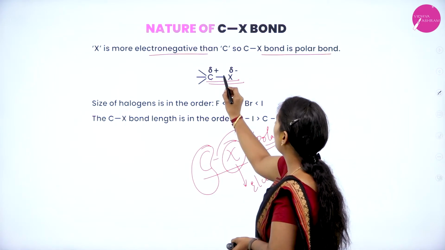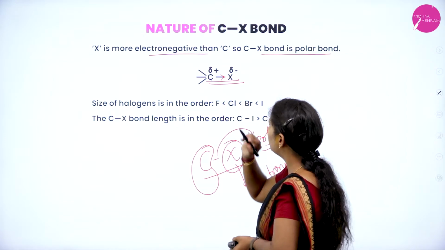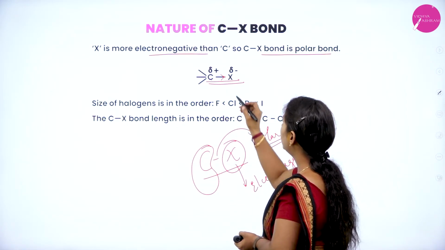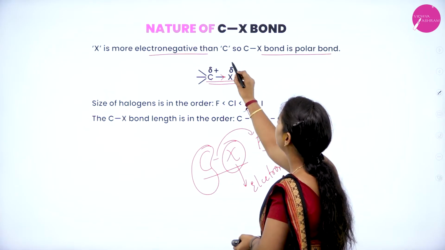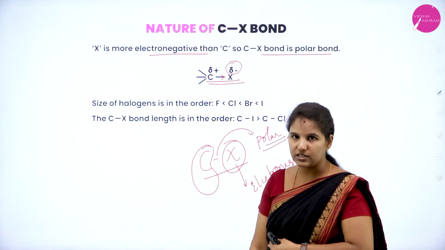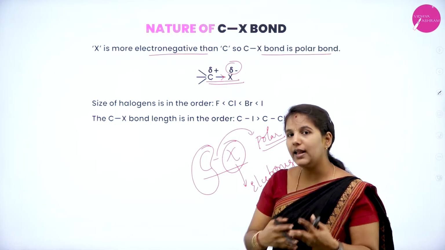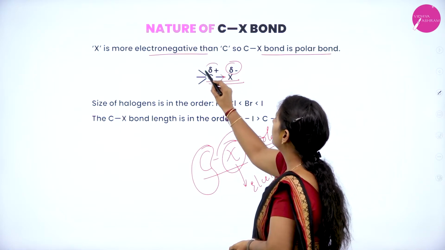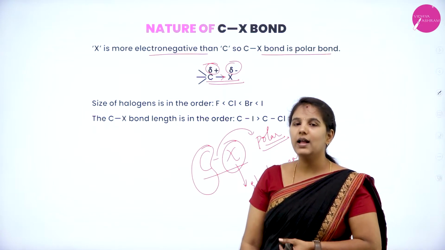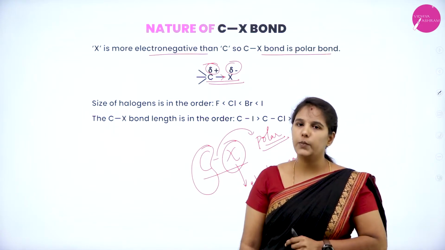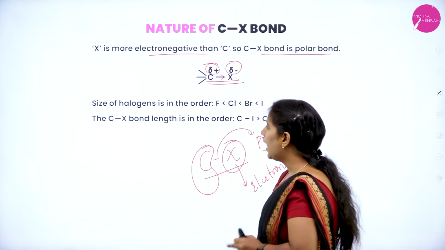Hence, these electrons will be somewhat pulled towards the halogen, so the halogen is accepting the electron. Hence, it gets the partial negative charge. Since carbon is donating its electron, it becomes what? Partial positive charge. So that is why the nature of the bond is polar.